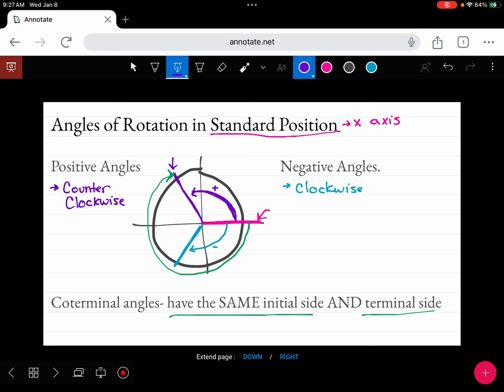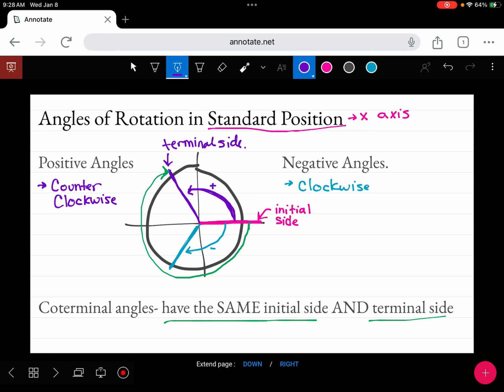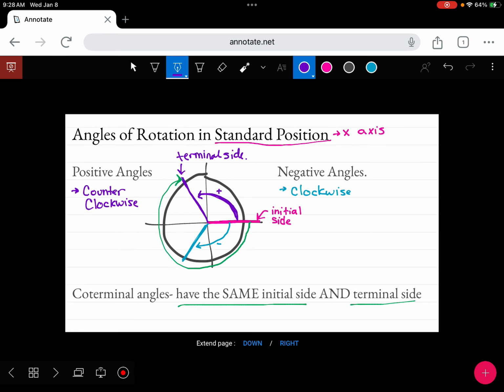This is our terminal side. I'll write those out just so we see them. And we're basing these almost always off of a graph that we're going to be looking at here. So we're going to sketch some angles and we're going to find some coterminal angles here on our next page.